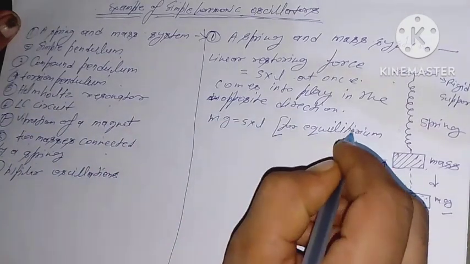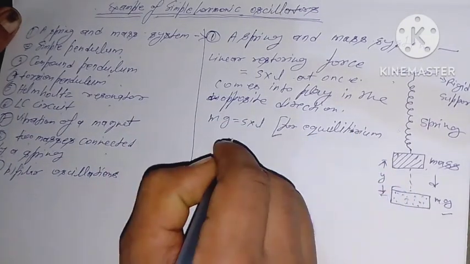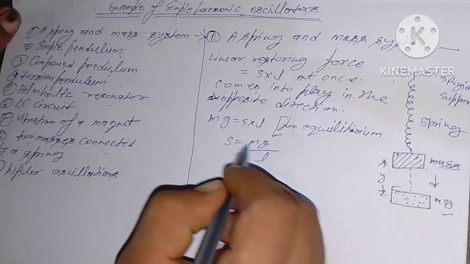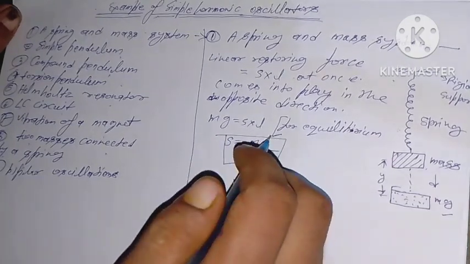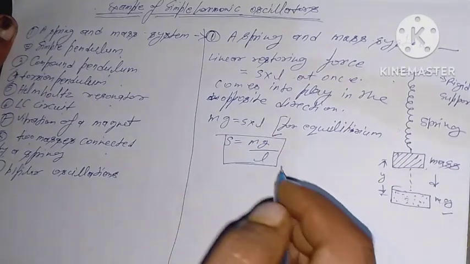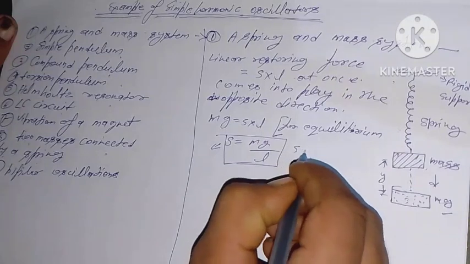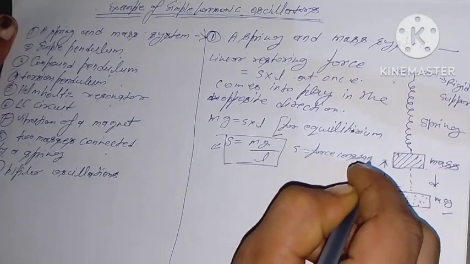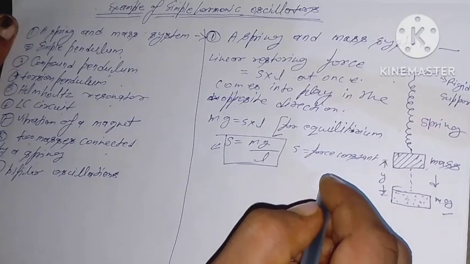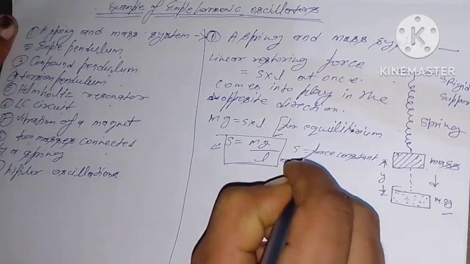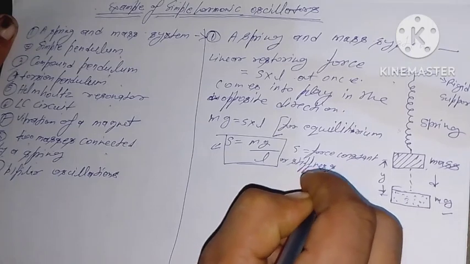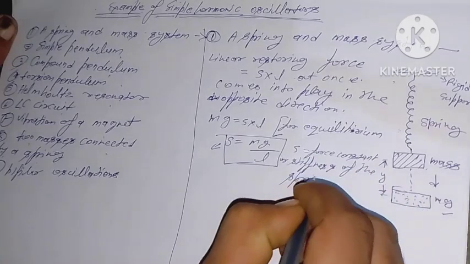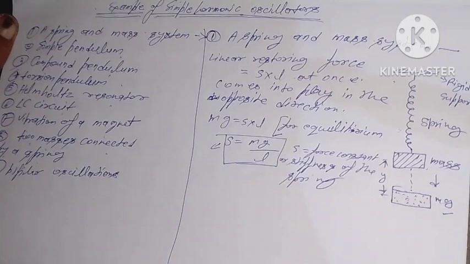Then S equals mg upon L, where S is the force constant or stiffness of the spring.